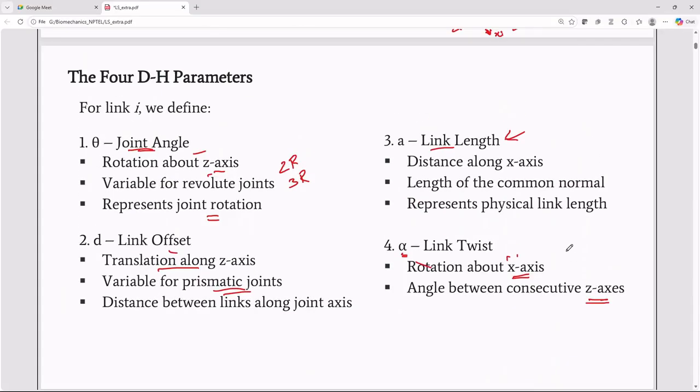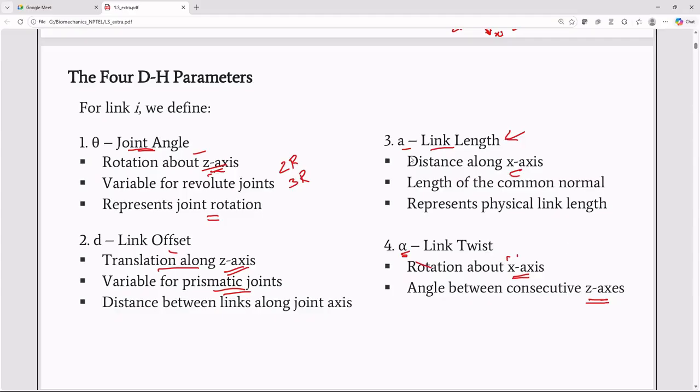Theta and d are rotation and translation about the Z axis, whereas a and alpha are distance and rotation about the X axis. So only the Z and X axes are considered in DH parameters.